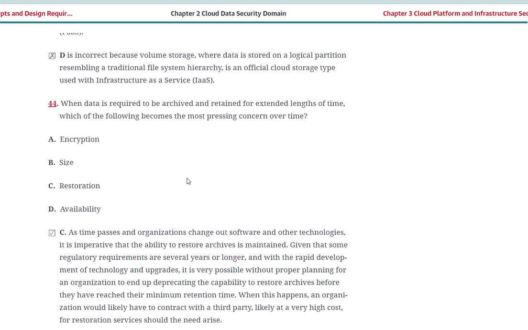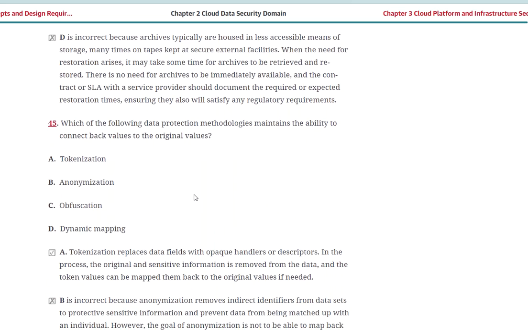Question 44. When data is required to be archived and retained for extended lengths of time, which of the following becomes the most pressing concern over time? And the correct answer is restoration. Question 45.